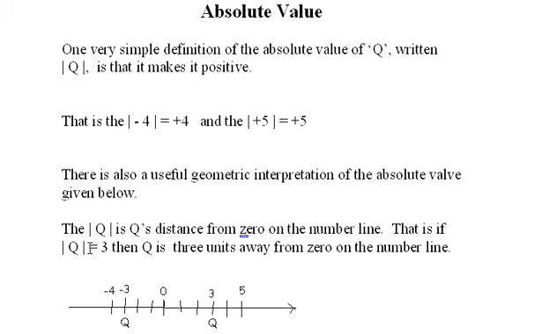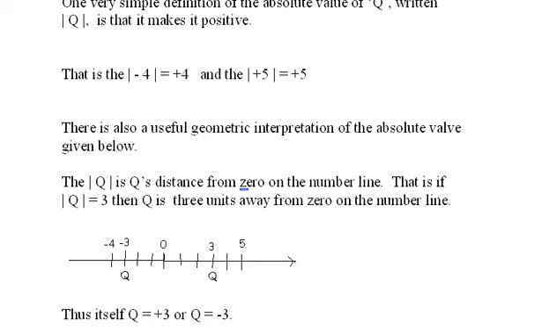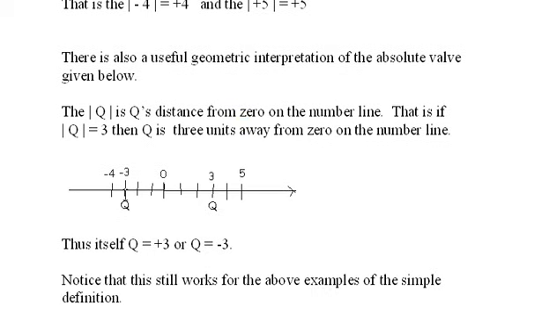So when you say the absolute value of Q equals 3, then Q has to equal either -3, because that's 3 units away from 0, or +3, which is 3 units away from 0. Thus, I should say Q itself, shouldn't I? I'll fix that. Thus, Q, capital Q, itself is +3 or -3.